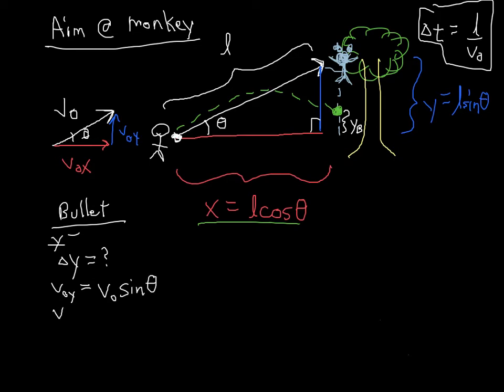V final in the y direction, I don't know what that is because I have some acceleration in the y direction. I do know what that is. That acceleration is going to be negative 9.8 meters per second squared. And then I also know my change in time, because I just found that in the x direction. My change in time is going to be L divided by v0.